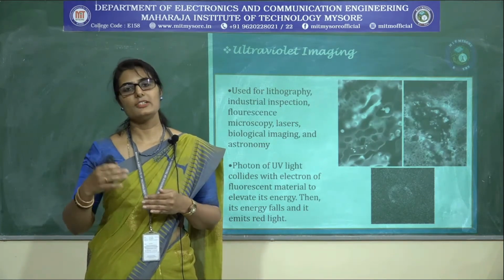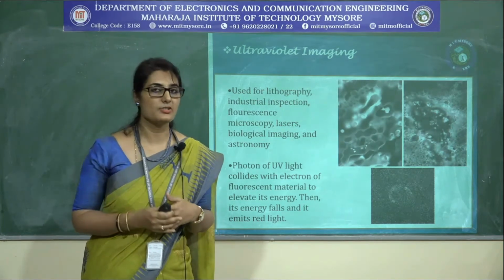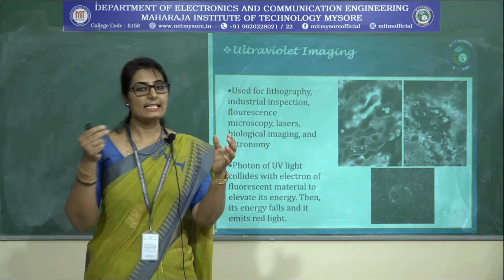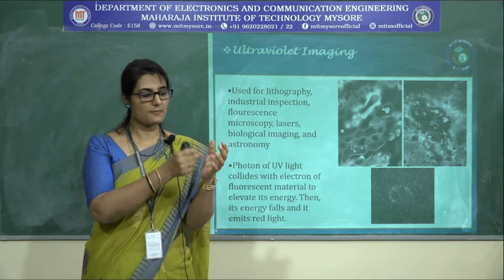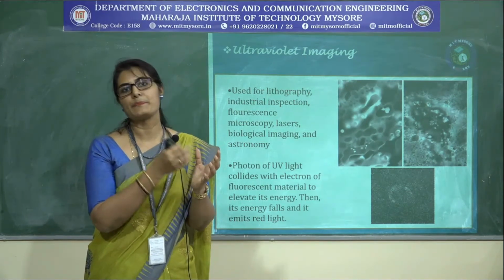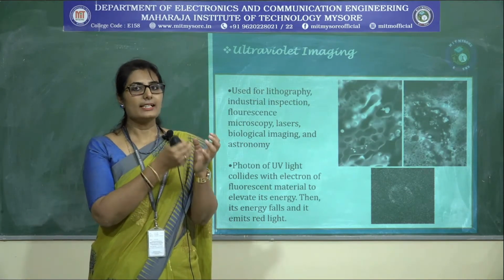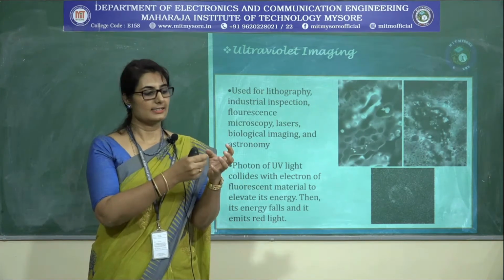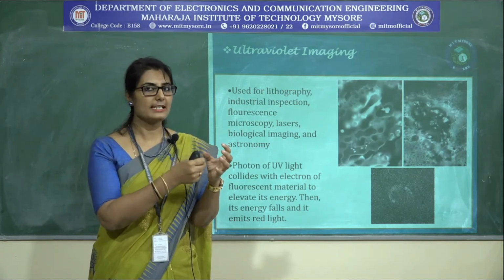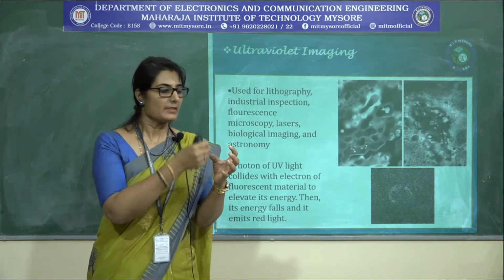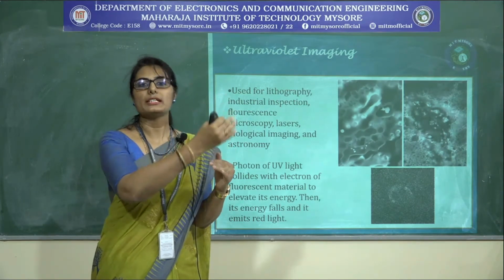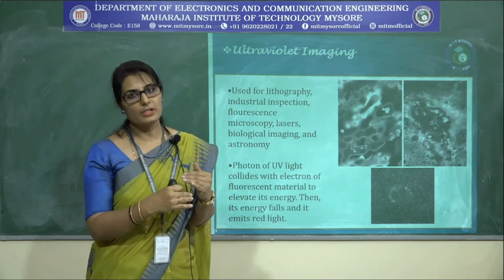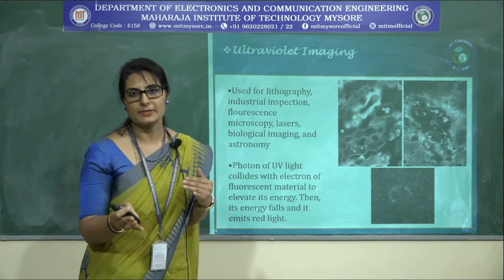Fluorescence was discovered in the 19th century, and whenever ultraviolet light is incident on a mineral, that is fluorspar, the ultraviolet light itself becomes invisible, and a photon present in the ultraviolet light elevates the electron to its higher level, and when the electron returns to the lower energy level, it emits light.